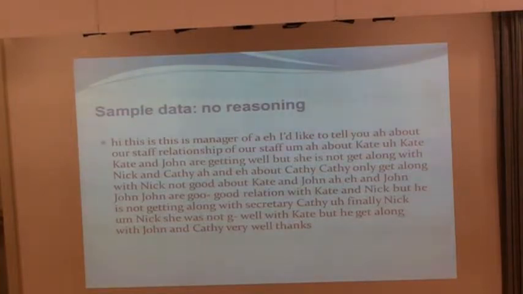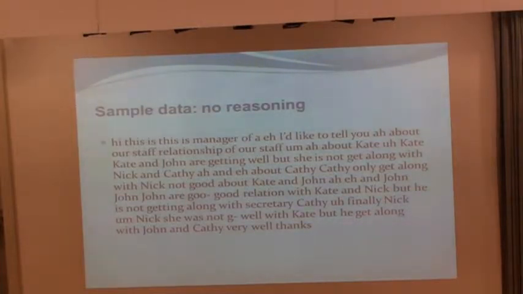And this is the simple no reasoning task. Hi, this is manager. I'd like to tell you about our staff, relationship of our staff, about Kate and John are getting well. She's not get along with Nick and Kathy, and about Kathy only get along with Nick. Not good about Kate and John.